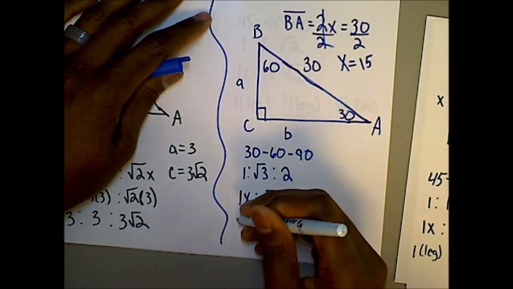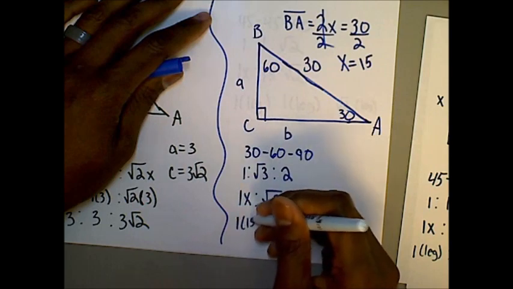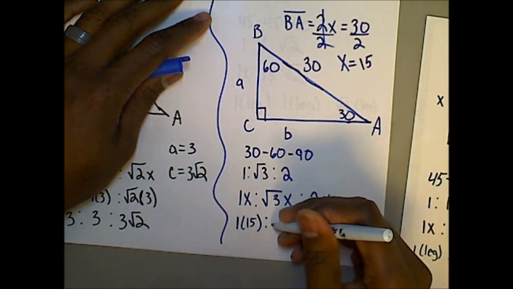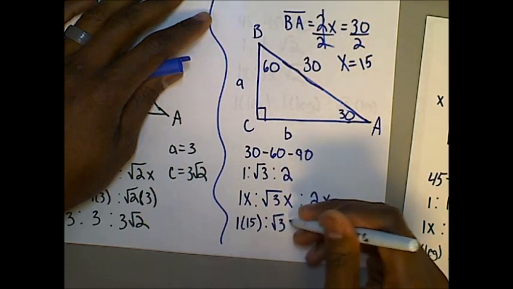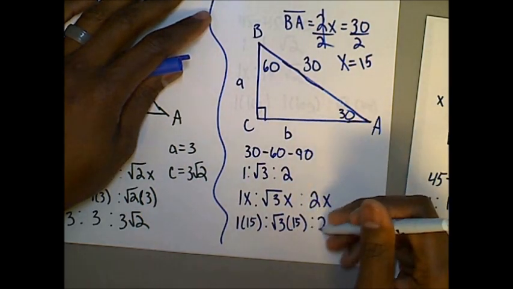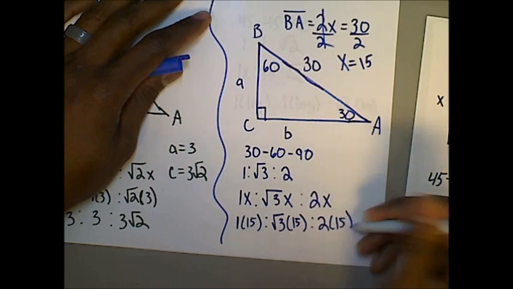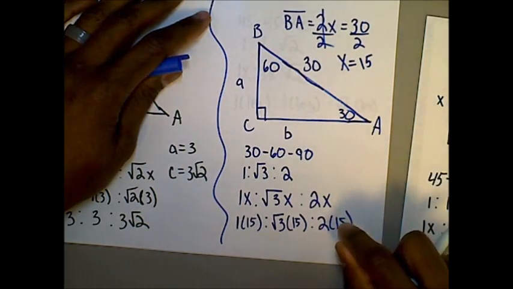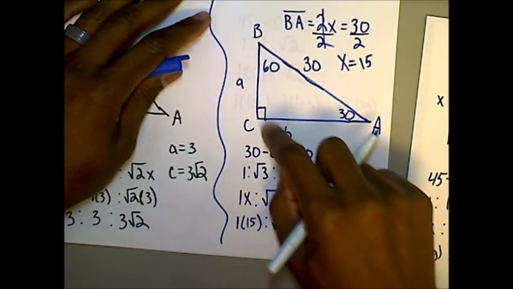Now I've got my value of x. So it'll be 1 times 15, square root of 3 times 15, and then 2 times 15, which we found to be 30. The 2 times 15 is opposite the 90-degree angle.